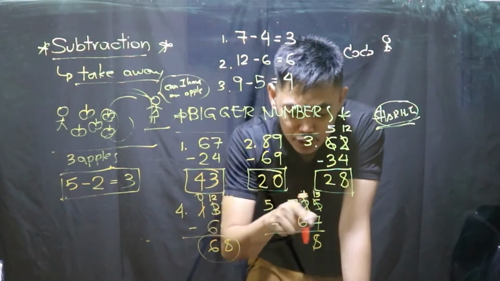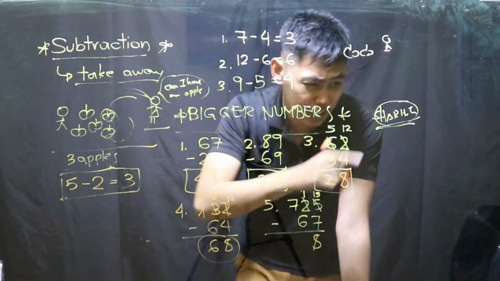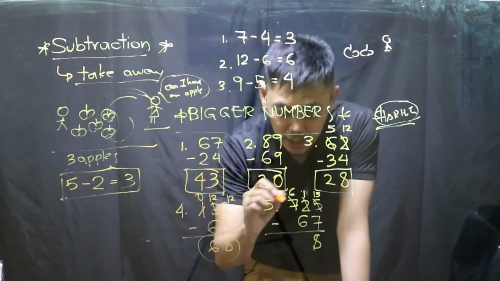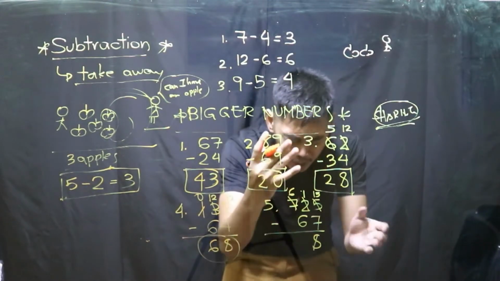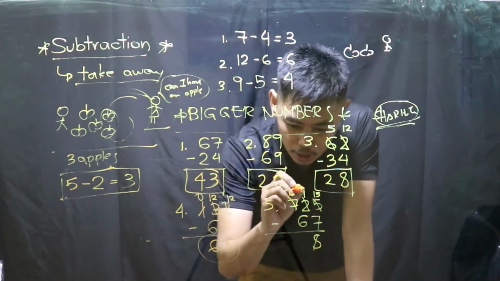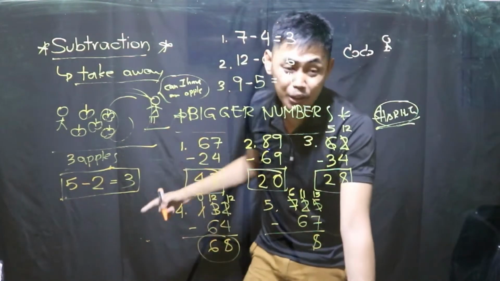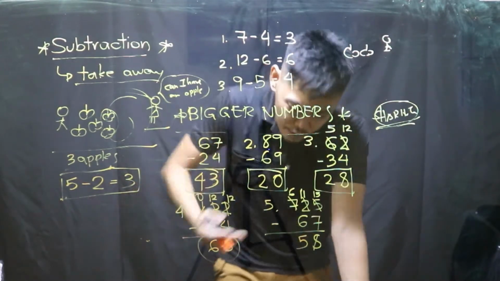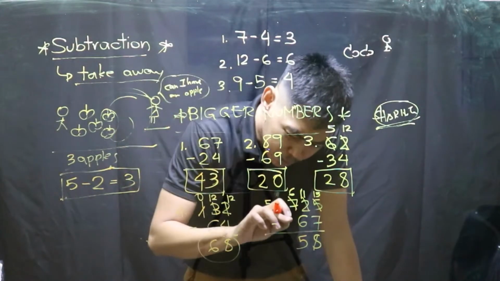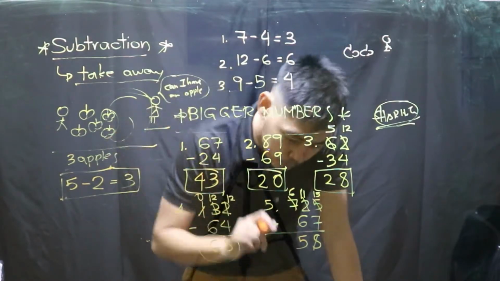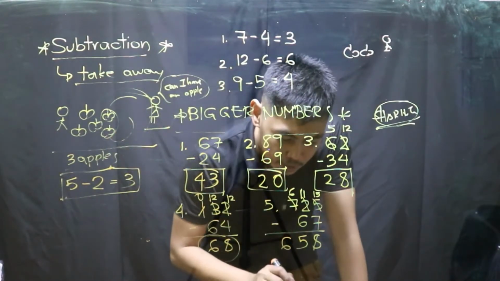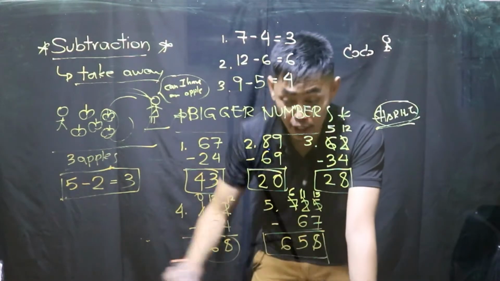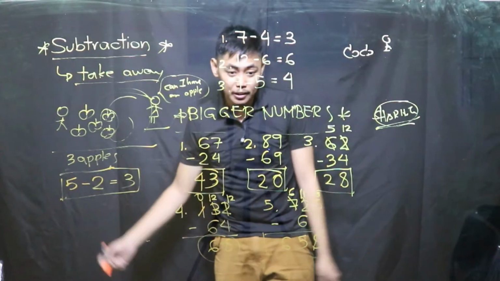And then 1 minus 6, we cannot do anything except to share. So 7 will become 6. We'll sacrifice 1 and 1 will become 11. So 11 minus 6, that would be 5. And then since 6 does not have any number beside or below it, I will bring it down. And our answer is 658. And that's the end of our lesson.